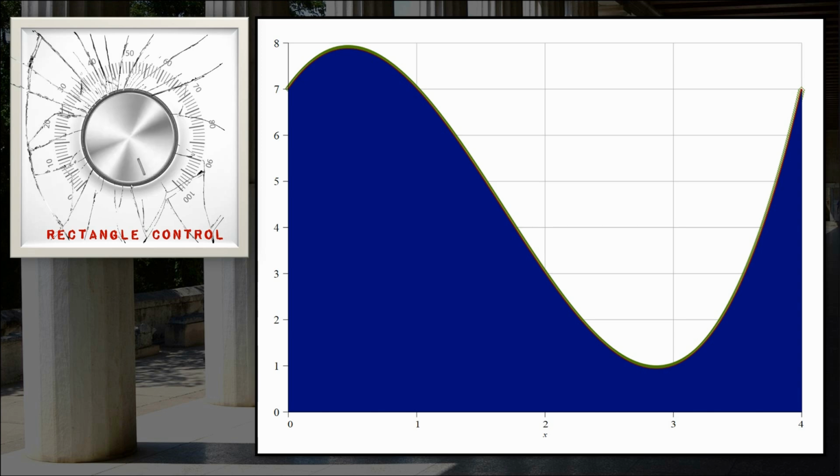Would it be getting closer and closer to something? We saw what happened with 4 and 8 and 20 and 100. Well, what happens with 200, 1,000, 1,000,000, 1,000,000,000? Is it going somewhere? Can I tell that if I could keep doing this for the rest of eternity, what value would I be getting close to? Because that value is the true area under the curve.